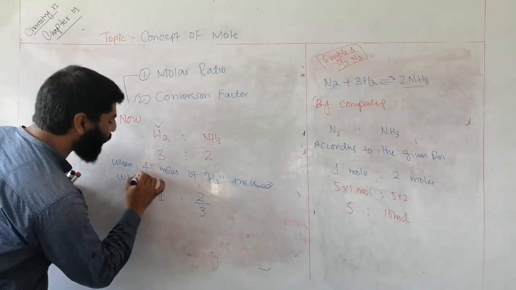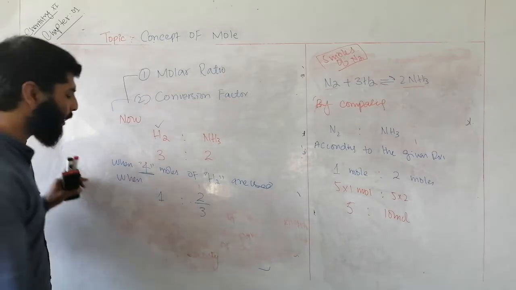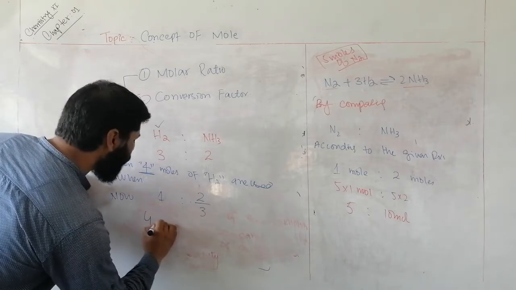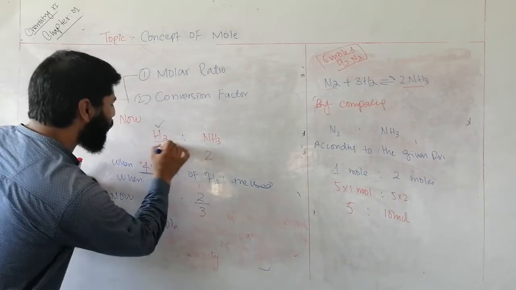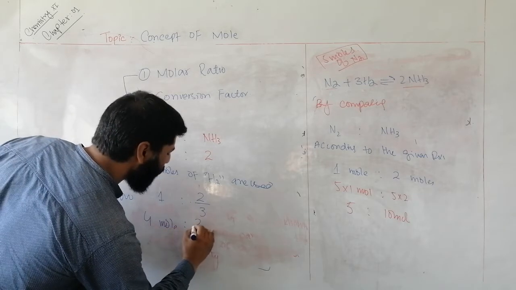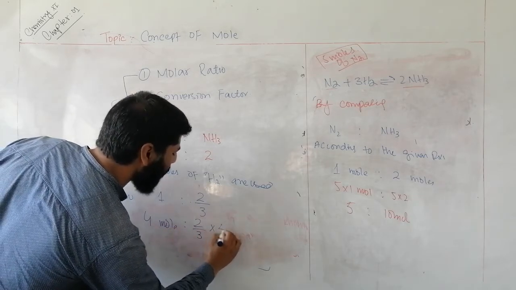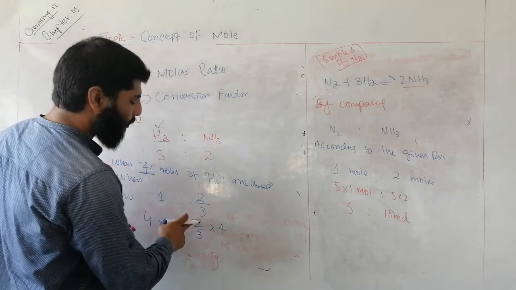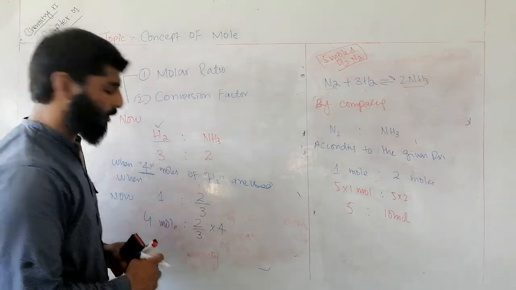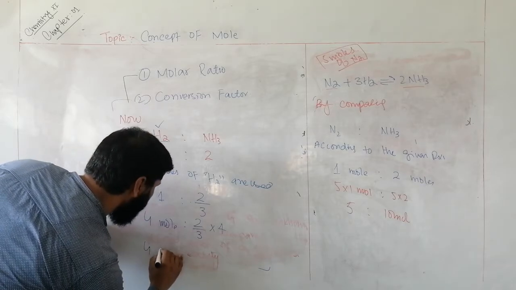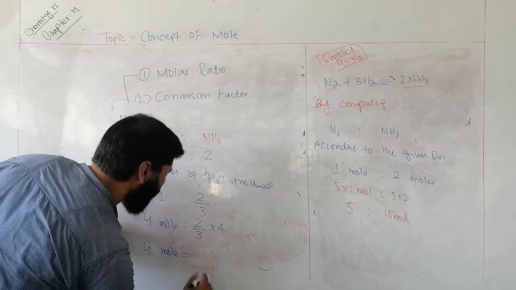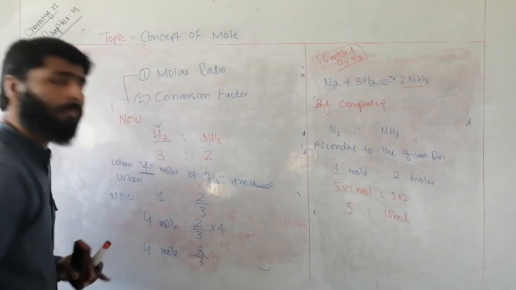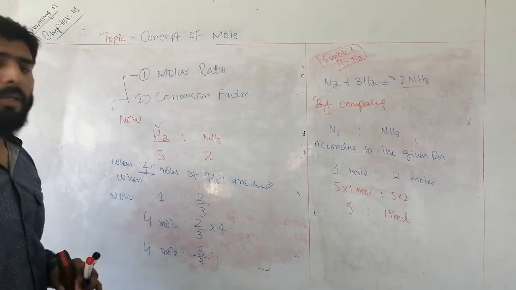And you are asked to find the value for 4 moles. Then from 4 moles of hydrogen, the ratio will be 2 by 3 multiplied by 4. It will be 8 divided by 3. From 4 moles of hydrogen, there will be 8 by 3 moles of ammonia produced.